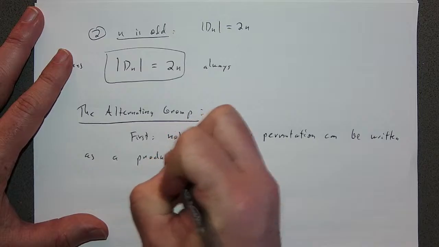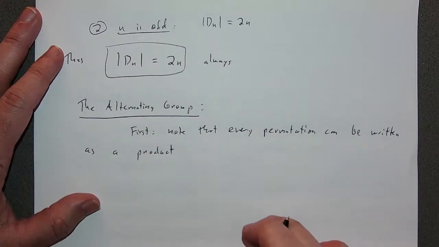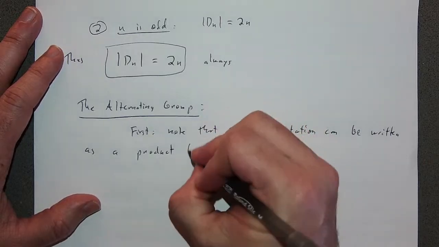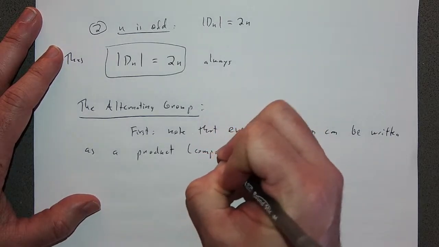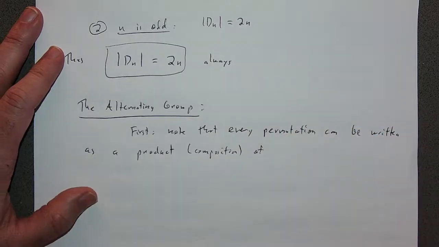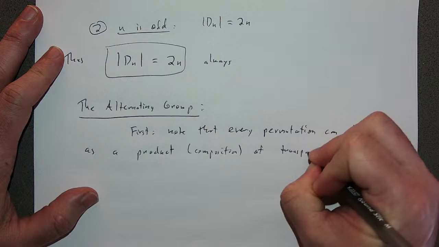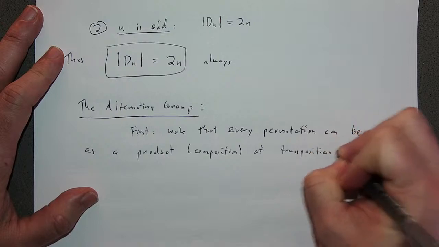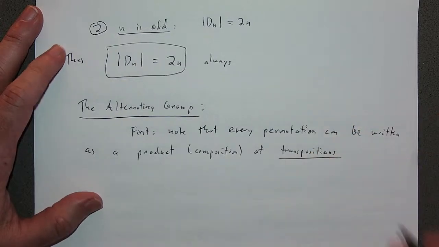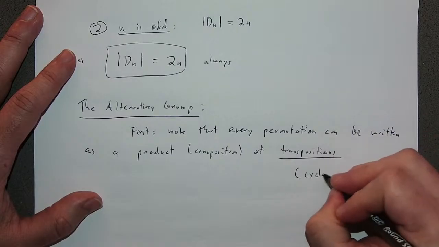Remember, this will be the last time I remind you, when I say a product here in permutation group land, this is a composition of what we could call transpositions. What are transpositions? These are cycles of length 2.